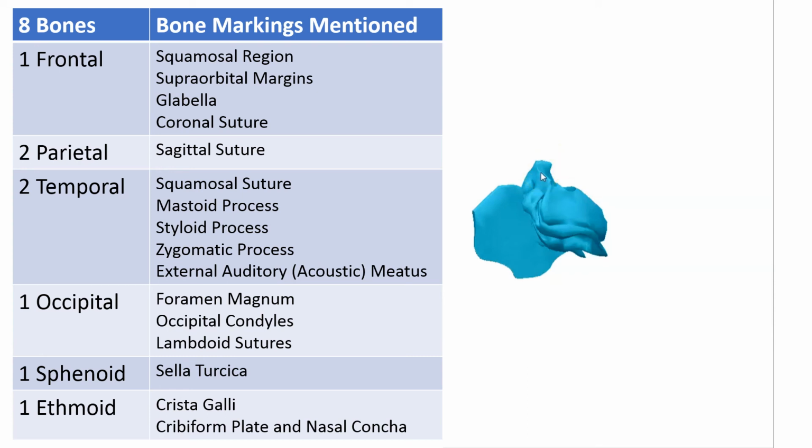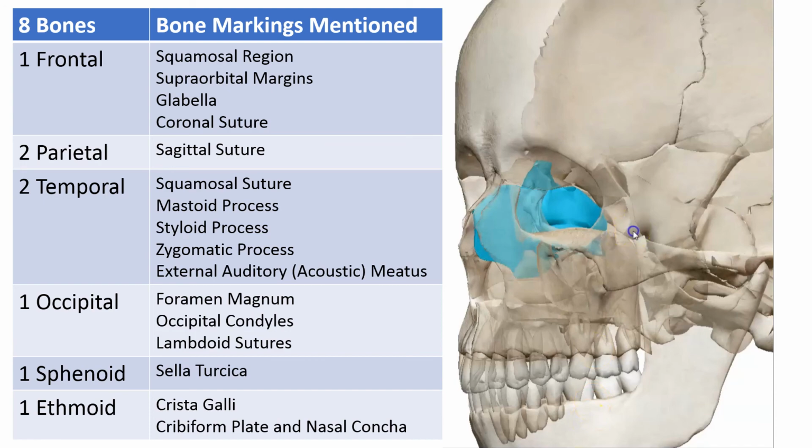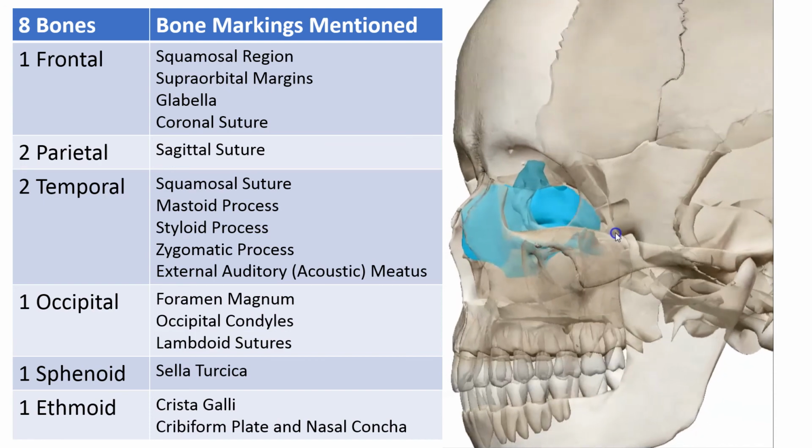This is an attachment point for the meninges, the membranes that surround the brain. This attachment point helps to anchor the brain into the skull so that it doesn't jostle around and become dislodged. So you can see here how it projects up into the cranial cavity.